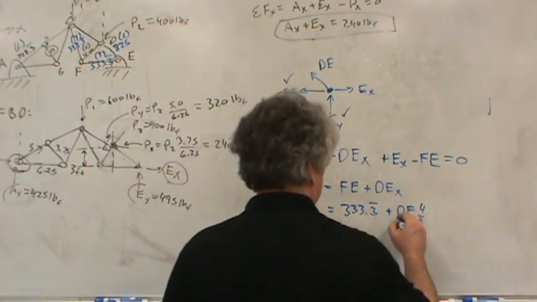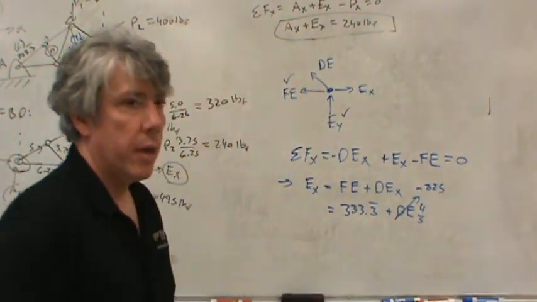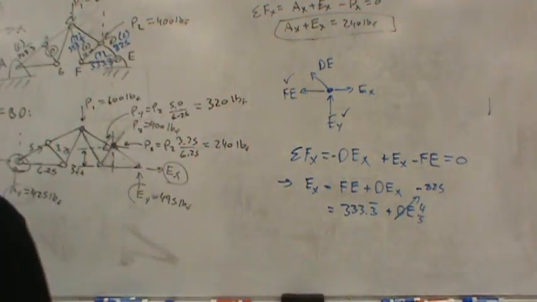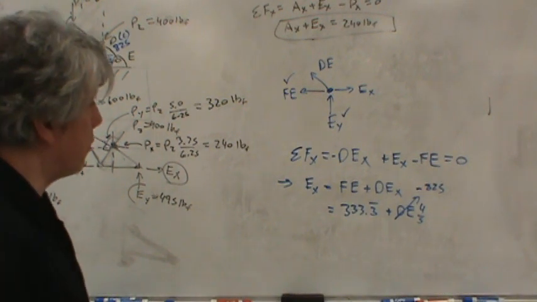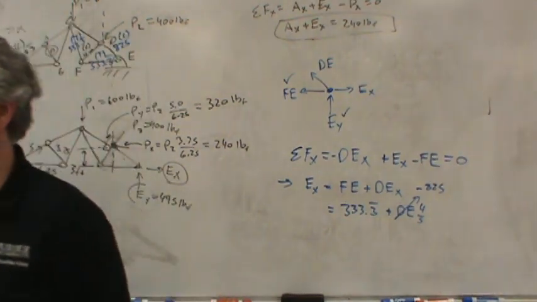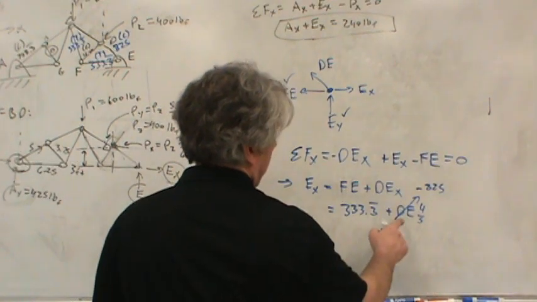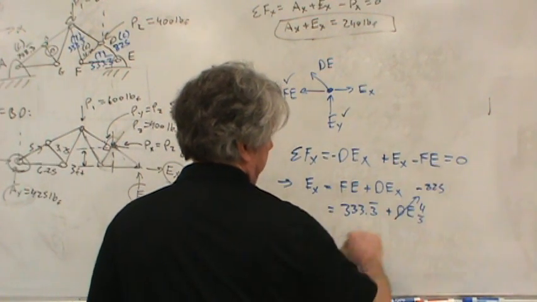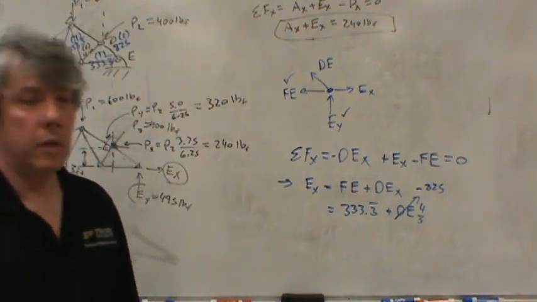And so when we plug in DE, we're going to plug in negative 825. Okay? So take 825 times 4/5 and add to it 333.3 repeating. 993.3 repeating. Did you plug in a negative 825? No, I did positive. Yeah, plug in negative 825. We got 326.67.